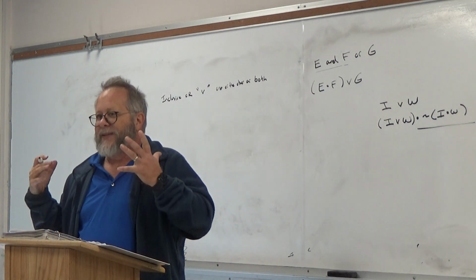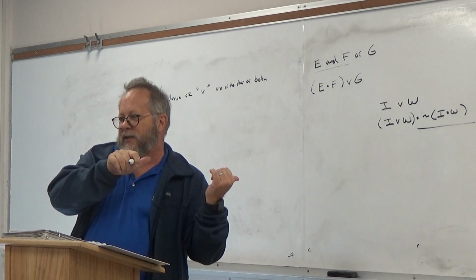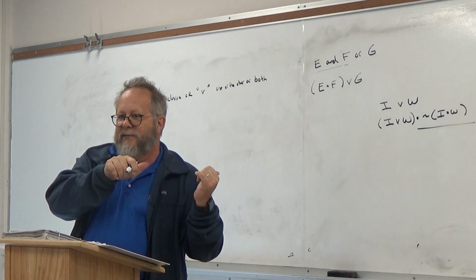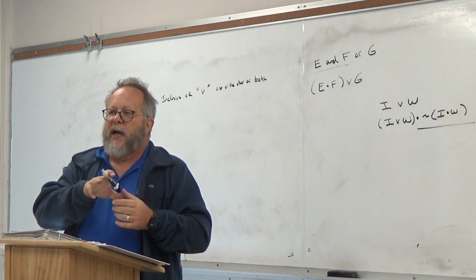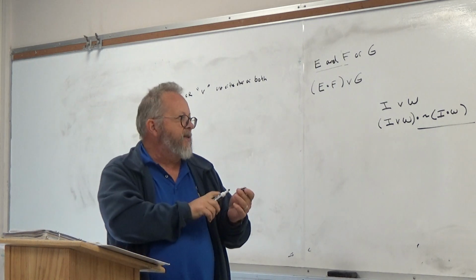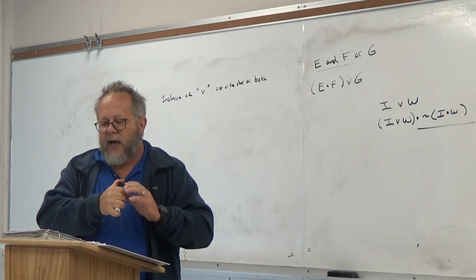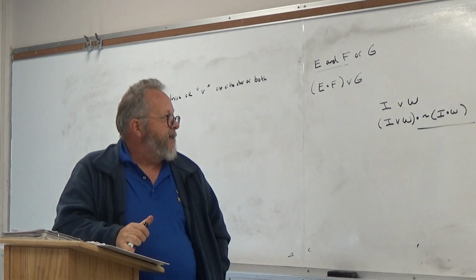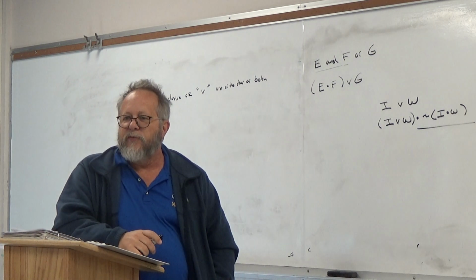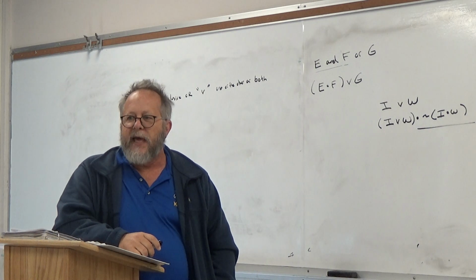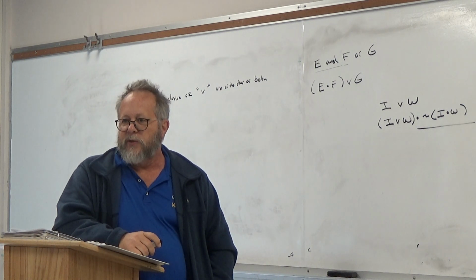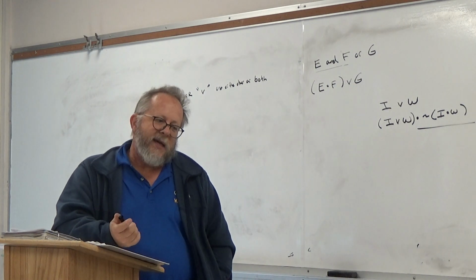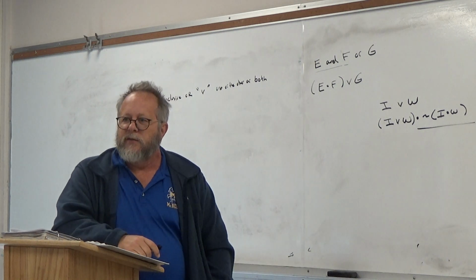Well, most people didn't get that, so now we know, right? Does everybody understand that? So for test purposes, you're going to assume that it's an inclusive or, unless you have reason to believe they both can't possibly be true. Does everybody understand that?